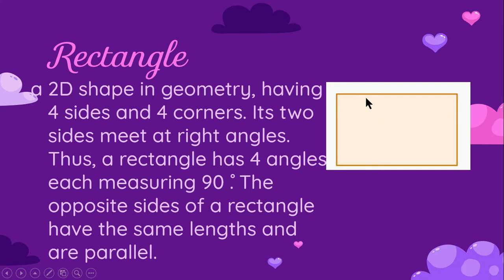Therefore, it is an isosceles trapezoid. And this is also a parallelogram because two pairs of opposite sides are parallel. The only difference between a rectangle and the two is that a rectangle has 90-degree angles because its sides meet at right angles. So all angles measure 90 degrees.